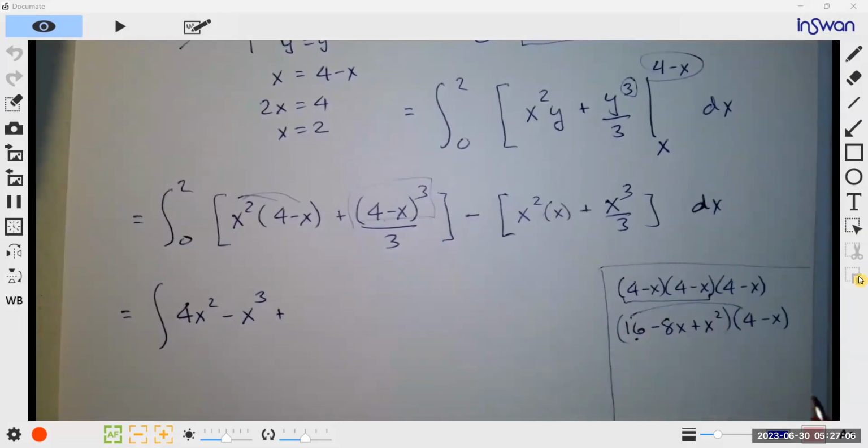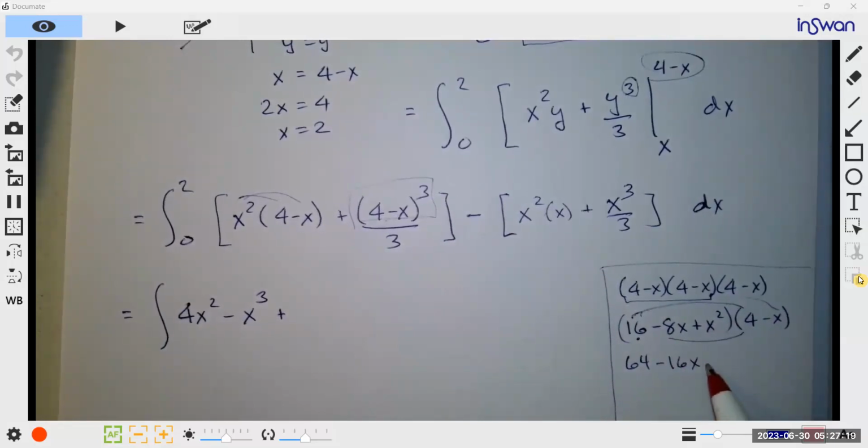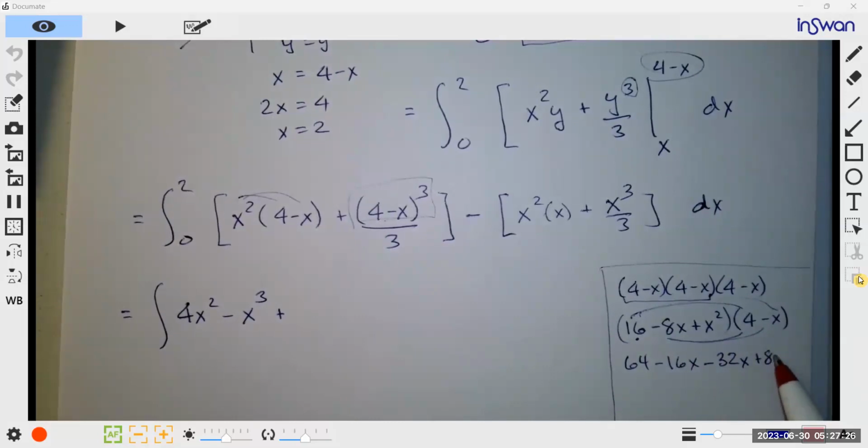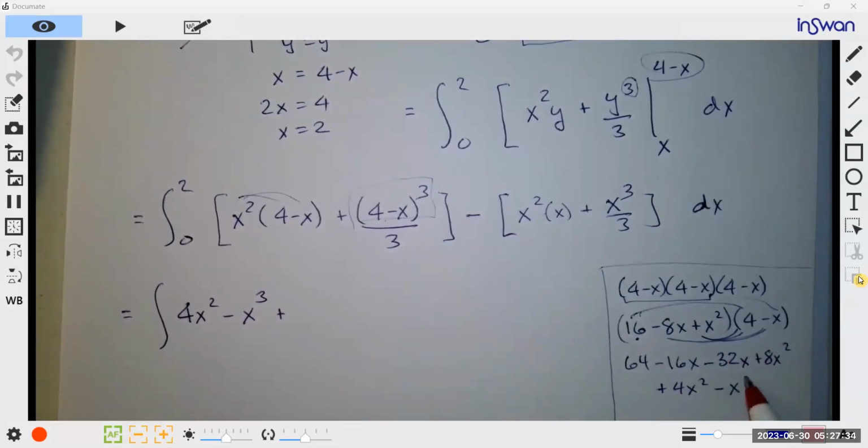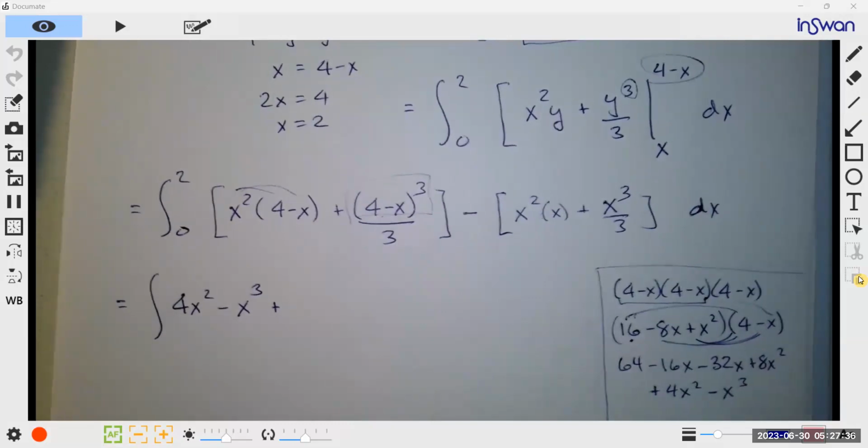Sixteen times 4 is 64, minus 16x, minus 32x, plus 8x squared, 4x squared minus x cubed.